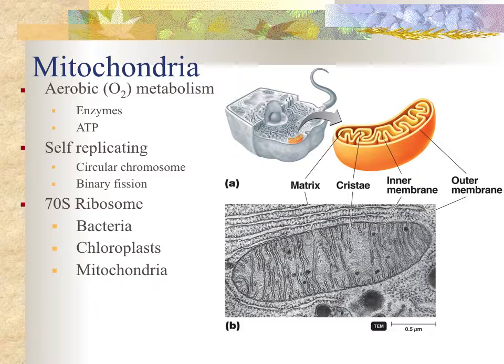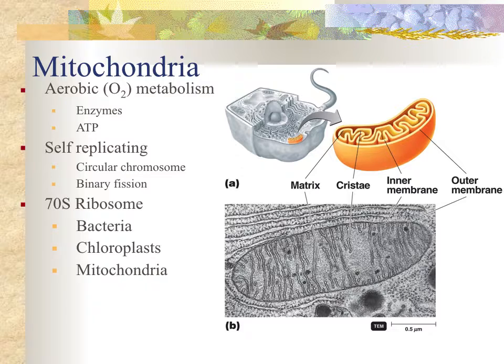These energy compounds can then be used in other parts of the cell. Mitochondria do this using oxygen. So this is where aerobic metabolism happens in eukaryotes, and all eukaryotes use aerobic metabolism when they can.